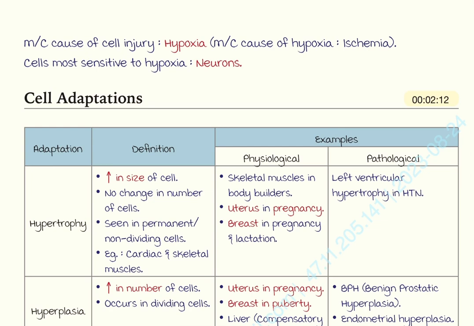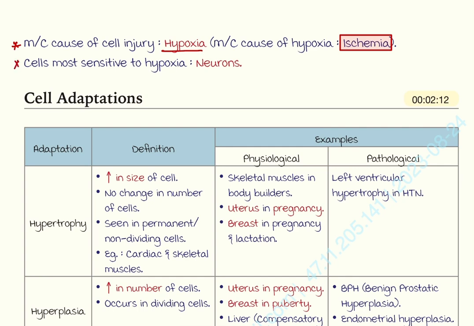So the first thing is the most common cause of cell injury. We have many causes of cell injury, but the most common is hypoxia, and that is because of ischemia, which means less or lack of blood supply. That might be because the supply is less or the demand is more.